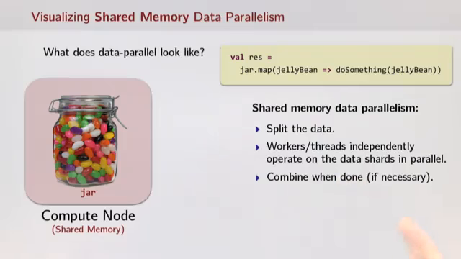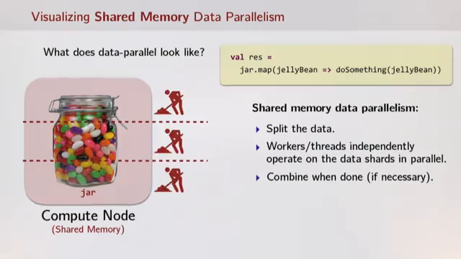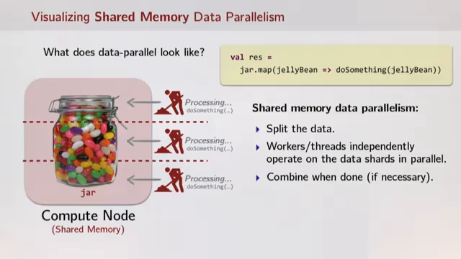So typically you have many of these. And then whenever that work is done, we start combining the result into a complete result again, if necessary. So visually, we can chunk up our data set into several pieces. And so we have something like a worker or a thread doing individual work on individual pieces of that data all in parallel at the same time.